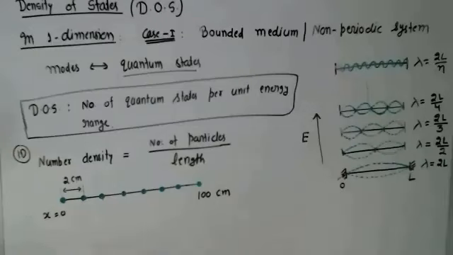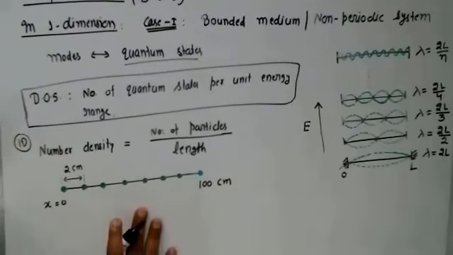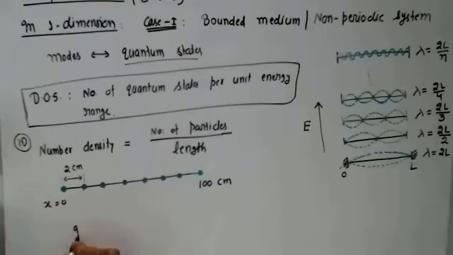And of course, this you know already. How did you solve it? How did you know there would be 50 beads in total? 100 divided by 2, am I right? Now I'm going to define a function here, okay? You can write it down. Let us say g(x) dx.